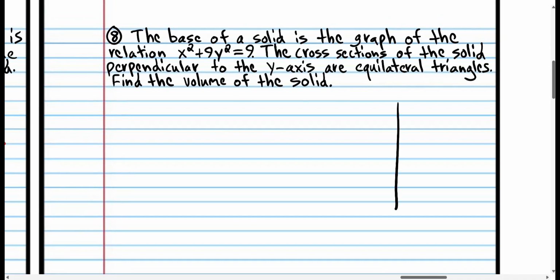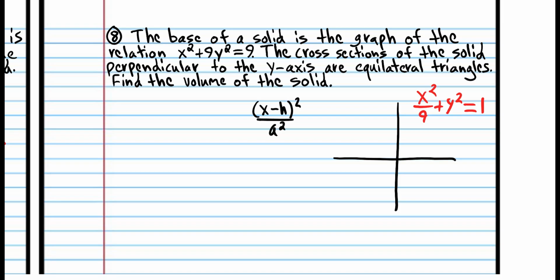So let's graph the base of the solid. Now, you may not recognize that. It's been a while since we looked at stuff like that. But if you divide both sides of that equation by 9, it might get a little more familiar to you. If it's not more familiar, then let's write the standard form of an ellipse.